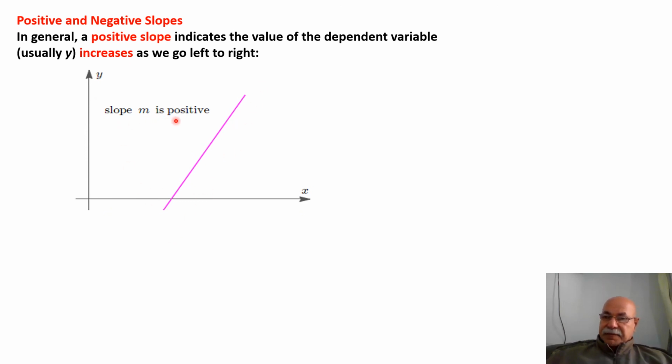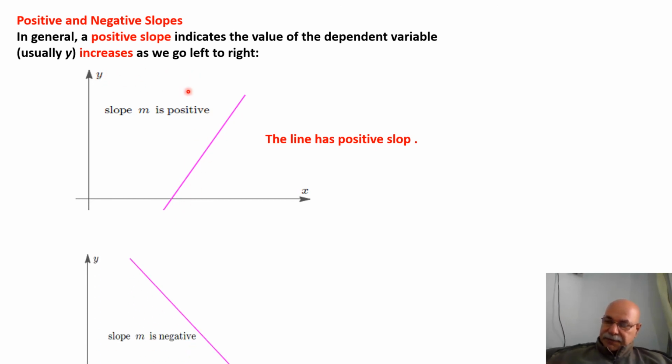The slope is positive like this, cutting x here and cutting y here. That is why it is positive: it increases from left to right.